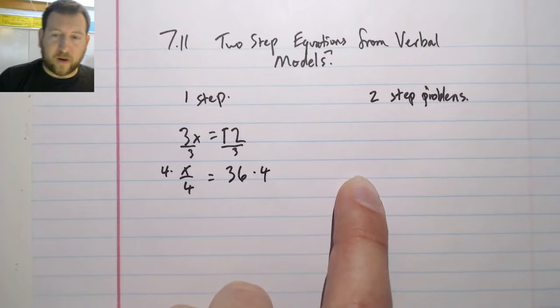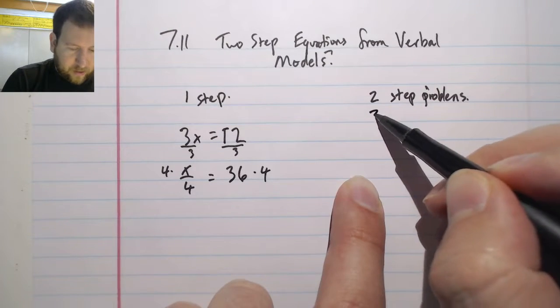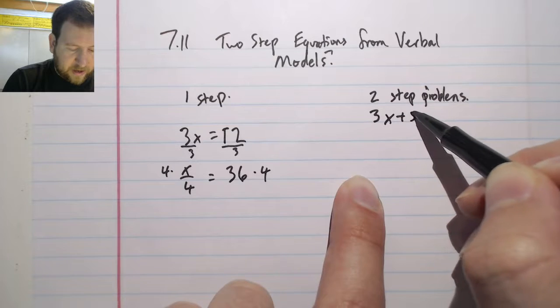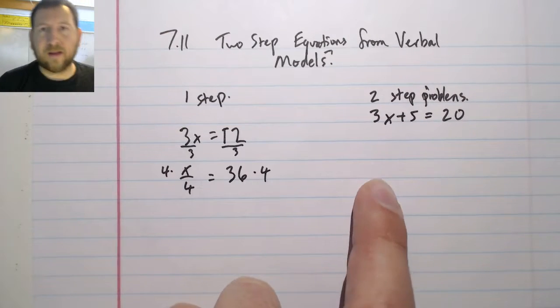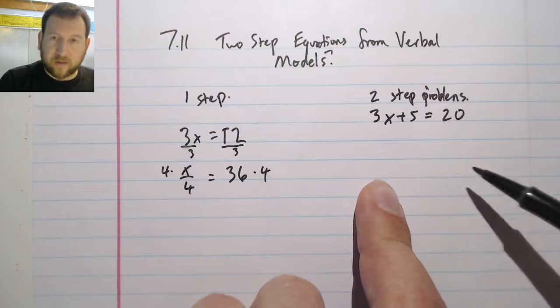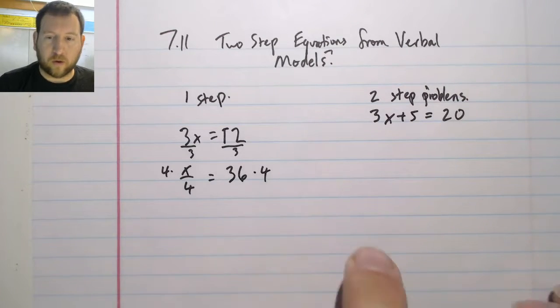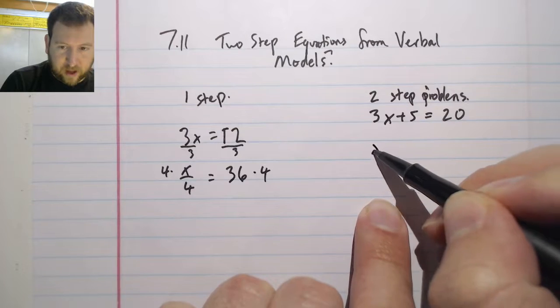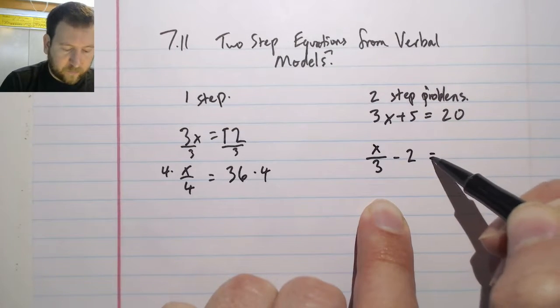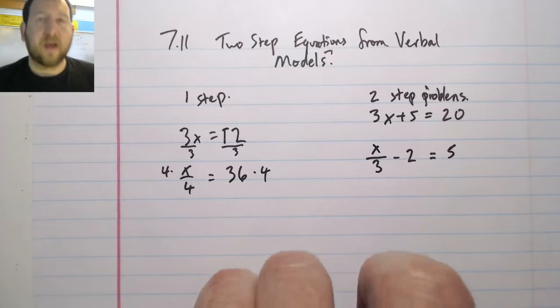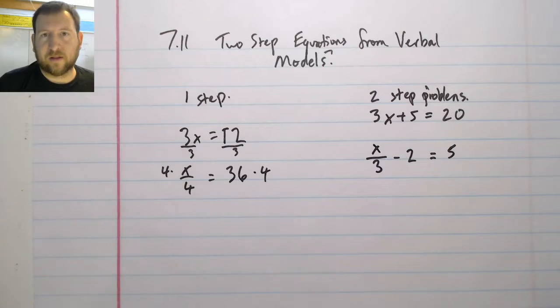And these equations are going to start to look like this: 3x plus 5 equals 20. And they're going to involve two steps that we have to know the order of. Or, for example, x over 3 minus 2 equals 5.